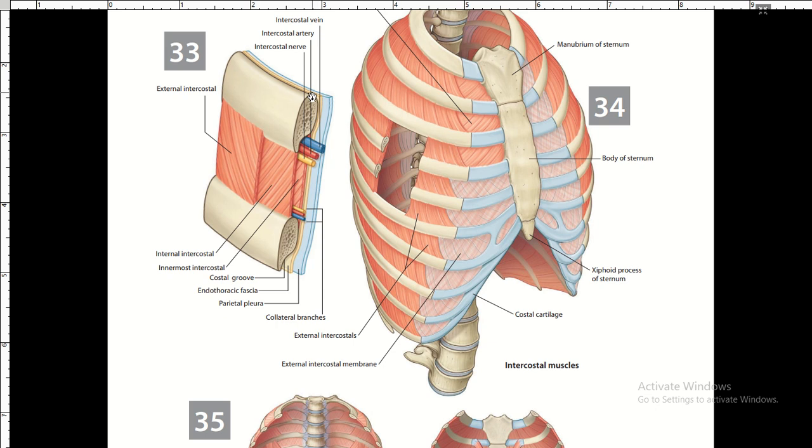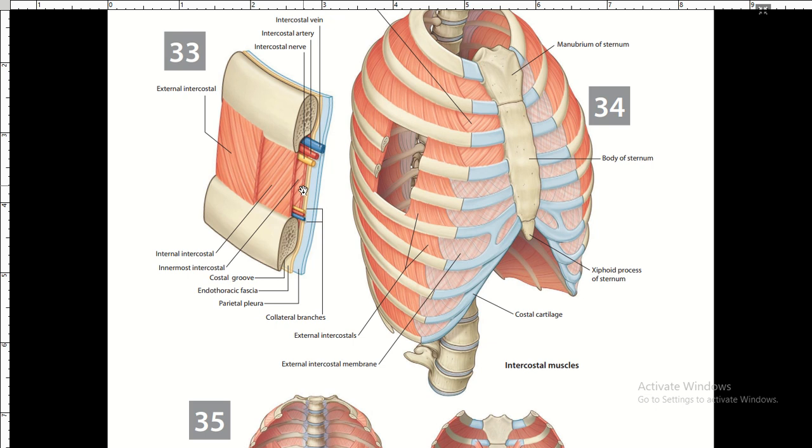And then internal to the innermost intercostal muscle, you are going to have the endothoracic fascia, and then the extrapleural fat layer, and then the parietal pleura. It is very important to take note of that.